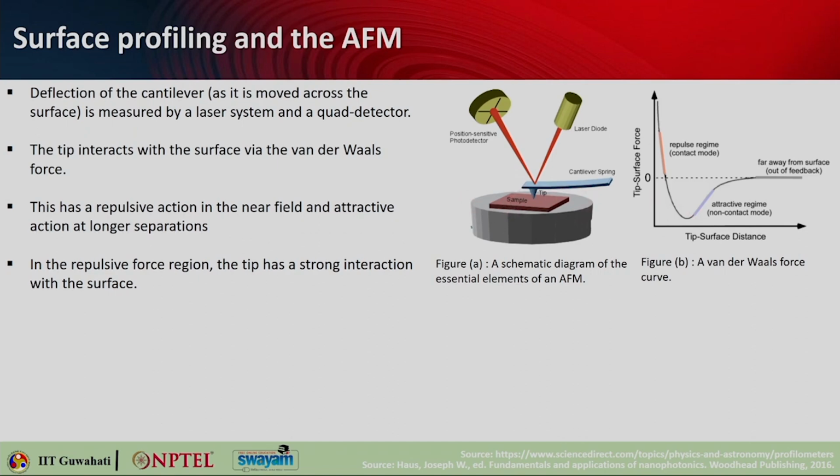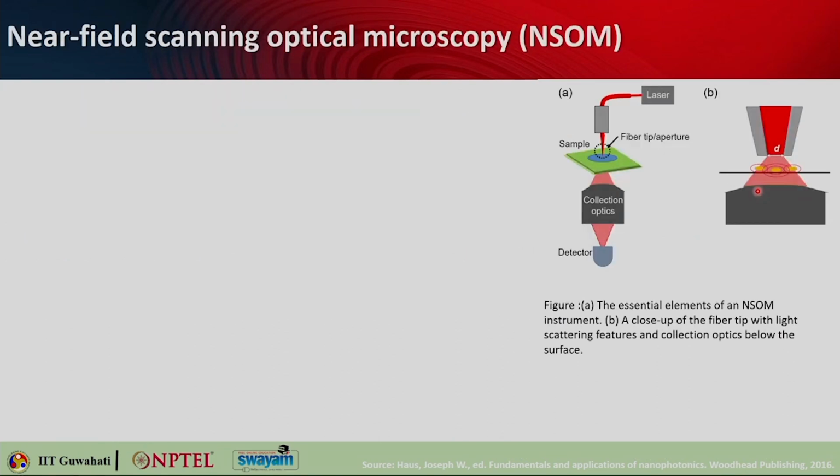So, you can see it is repulsive in the near field and then it goes into the attractive region, where it is in non-contact mode and it becomes positive. So, that is how atomic force microscopy or AFM images can give you the surface profile of a particular sample.